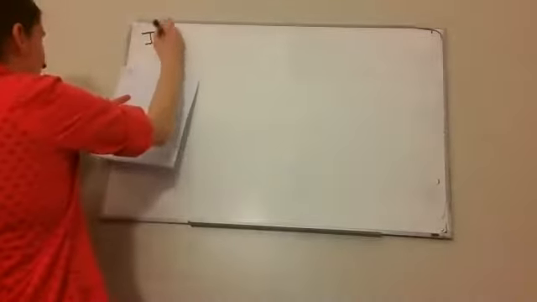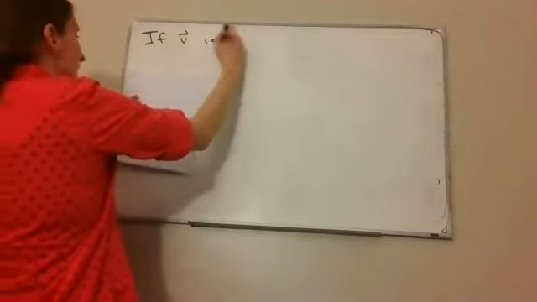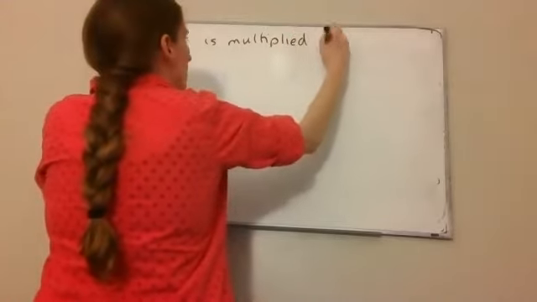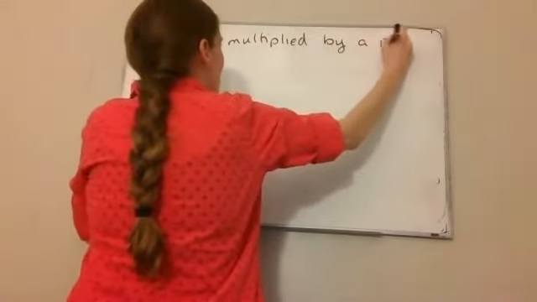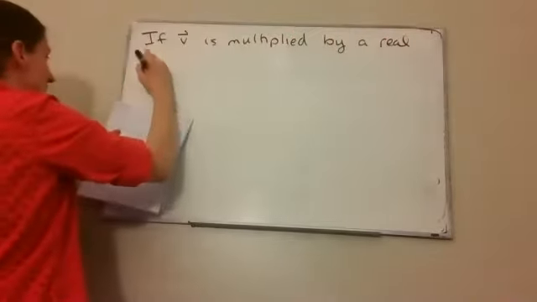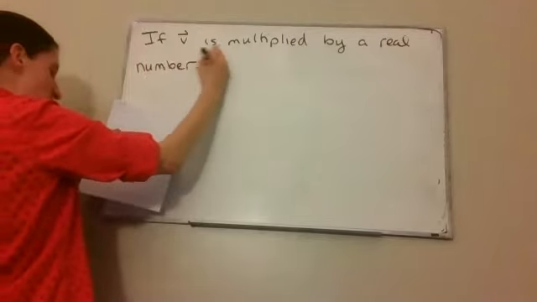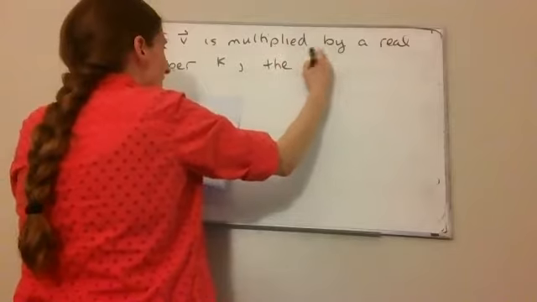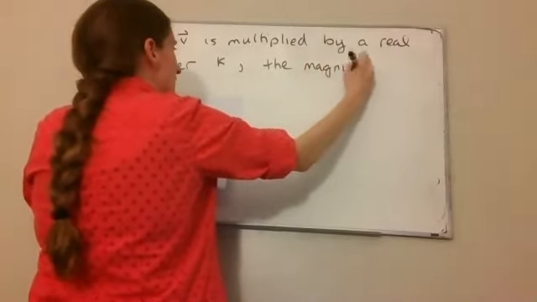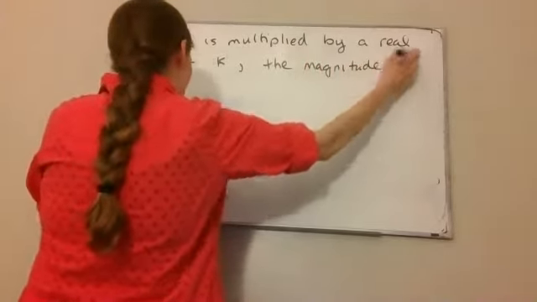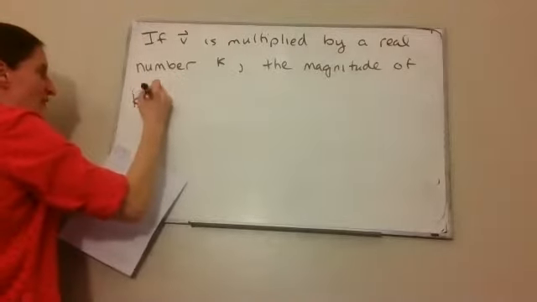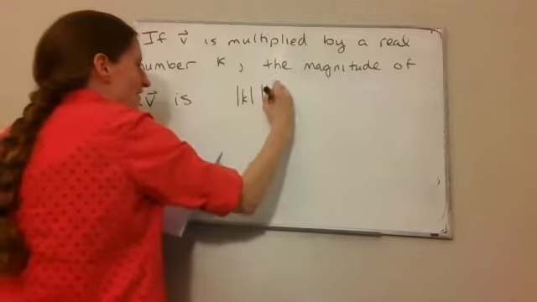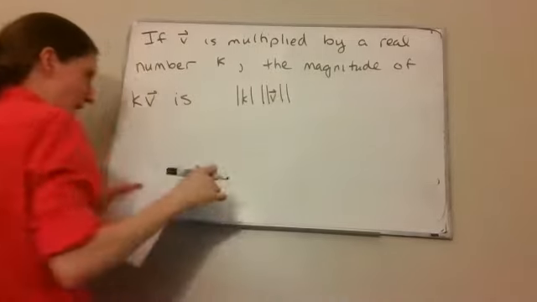Now, if V is multiplied by a real number K, the magnitude of K times V is the absolute value of K times the magnitude of v.